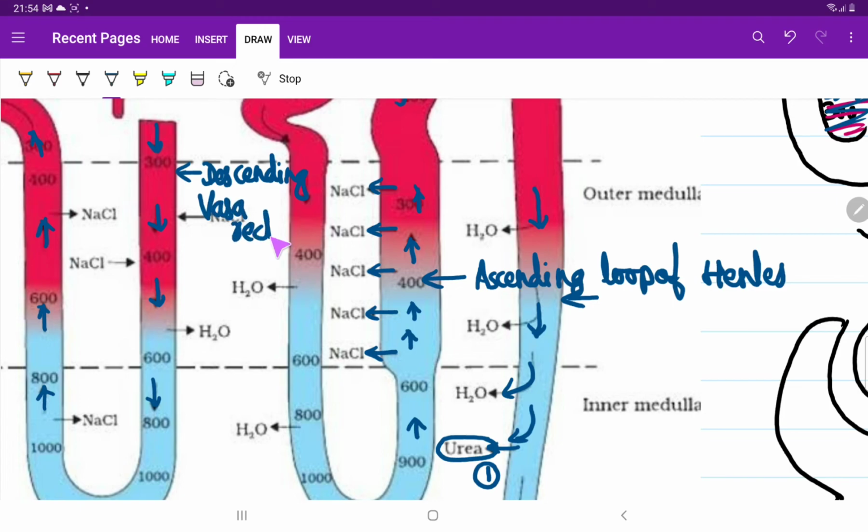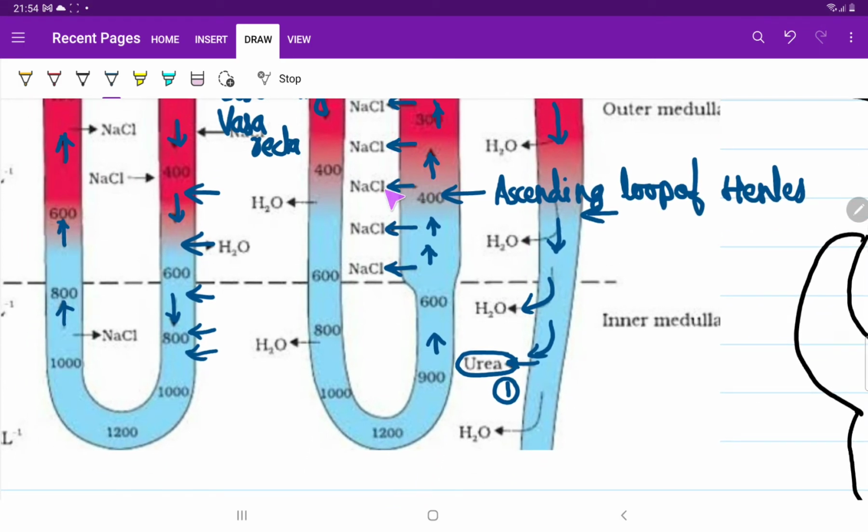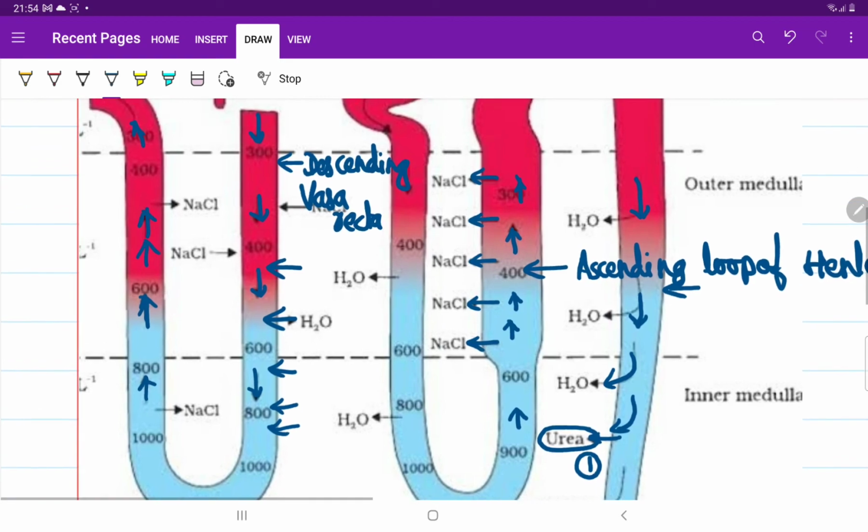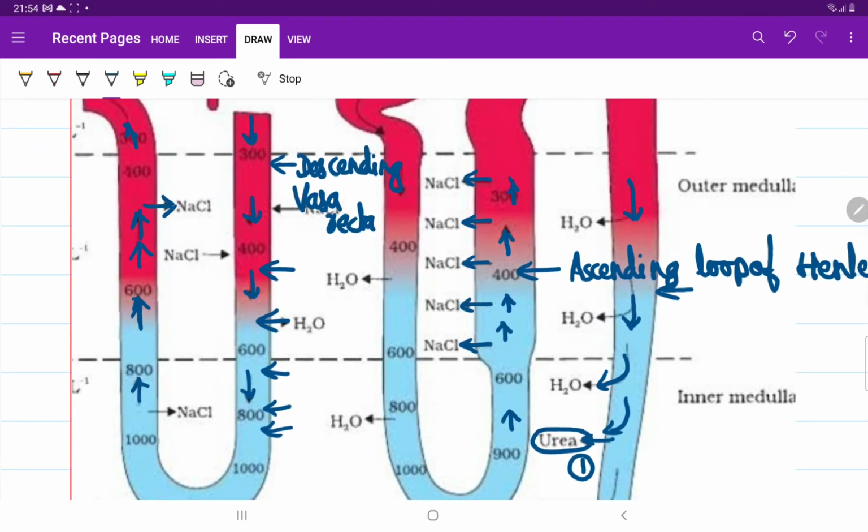So that NaCl will enter this descending vasa recta, then it goes to the ascending vasa recta, and then that NaCl is secreted again into the interstitial fluid.